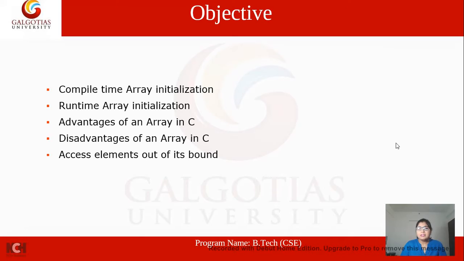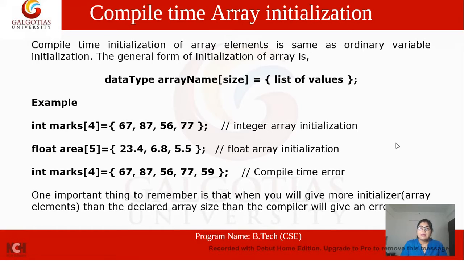That's a logical question we are going to answer, about what will happen in such a scenario. It will help you understand the concept better. So let's begin with the first objective of today's video, that is compile time array initialization.